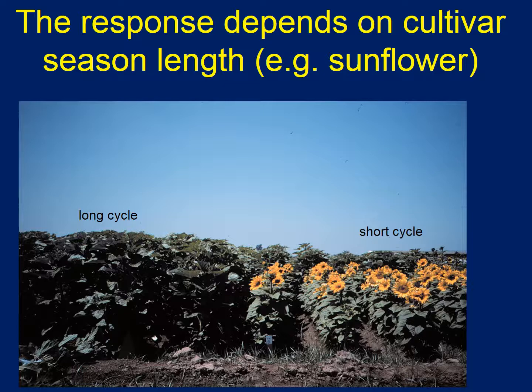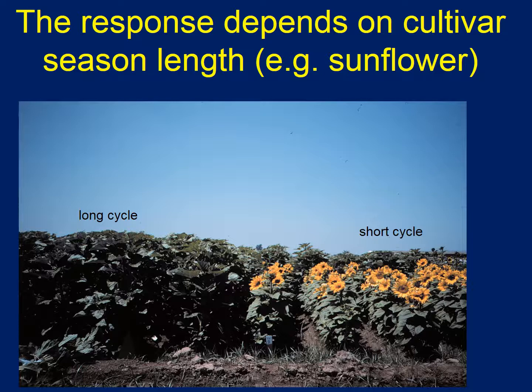The response, we said, depends on the cultivar. Here we see a plot of one experiment where different cultivars, differing in growing season length, were compared at different densities. What we can see is that the short cycles reach flowering and there is still a lot of space available.